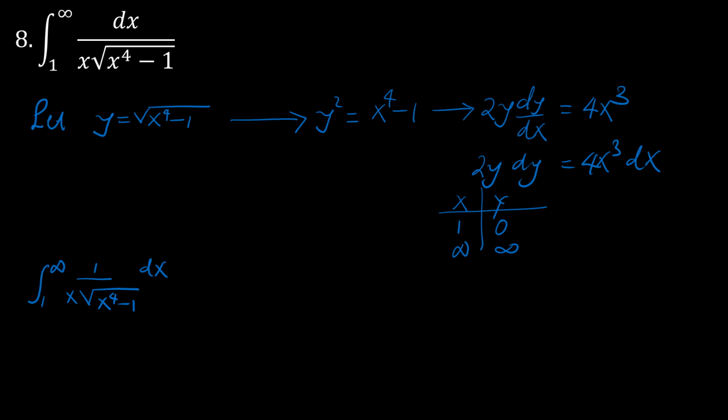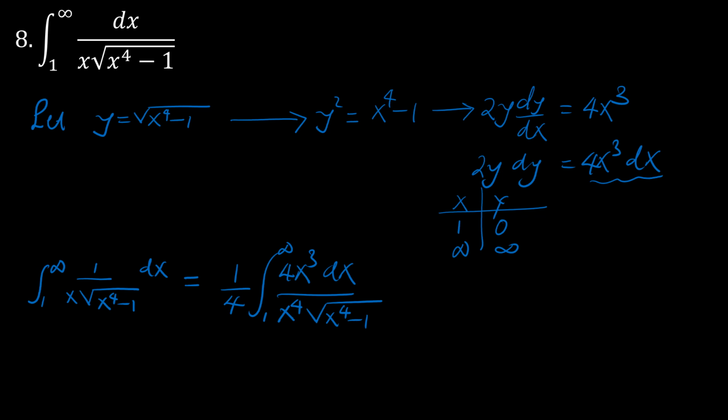Now to create this in the denominator, I'll have to multiply both the numerator and denominator by this. So a quarter comes out beautifully. And in the numerator we have 4x cubed dx. And then in the denominator, this one goes to the power 4, and we have x to the power 4 minus 1.